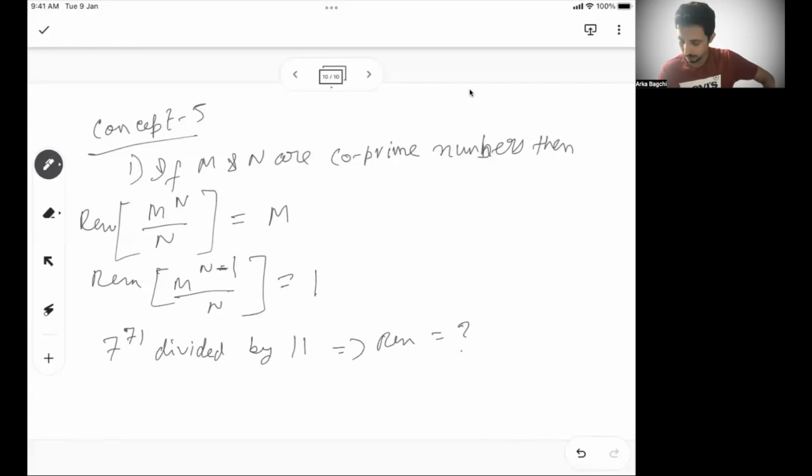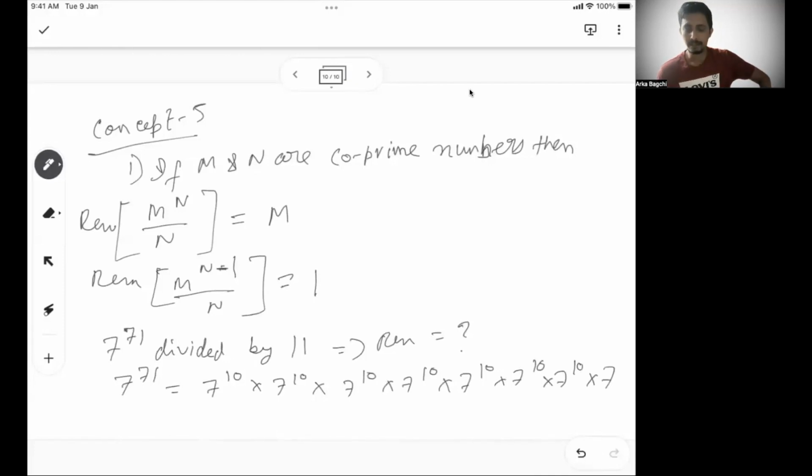You can write 7 to the power 71 as 7 to the power 10 into 7 to the power 10, and so on, 7 times, into 7.